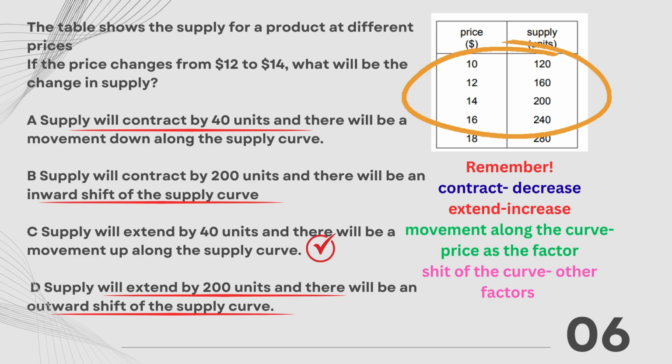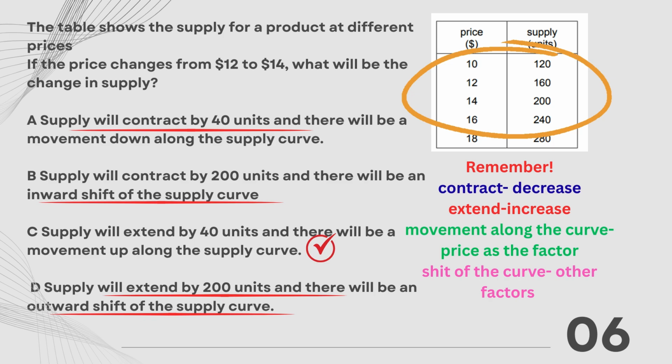A shift of a curve will happen if something other than the price changes. The other factors of supply, for example, technology or even the cost. But in this scenario, it's just a change in the price.